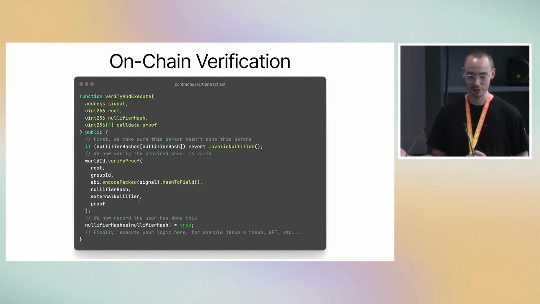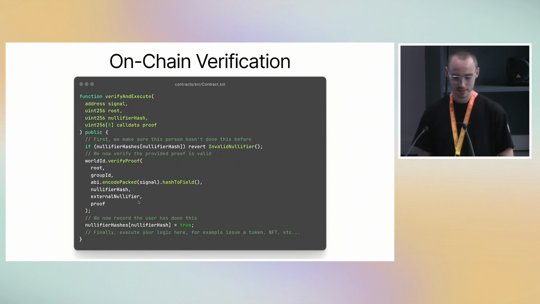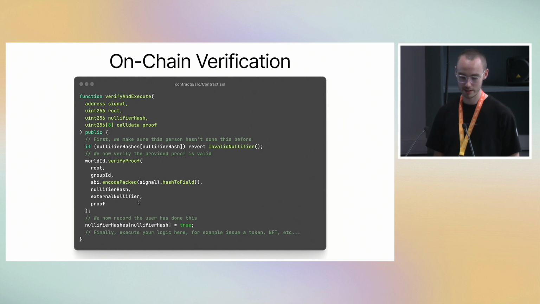And then the function to verify and execute something here, that's left undefined. It takes in the signal, the root of the Merkle tree, the nullifier hash, and that proof object itself, a very long hexadecimal string that's really just used for all the math. And the first thing we do is check a mapping that we defined earlier that should have been in the slide for the constructor.